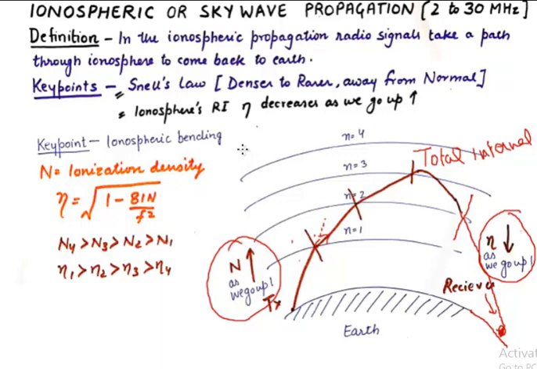The essence of ionospheric propagation is the ionospheric bending, and that bending happens with gradual refraction happening at every layer, and finally the refraction happens so much that it leads to a total internal reflection, and that causes the total bending. So I hope this concept was clear. These formulas were very important, so I wanted to mention these formulas, and that's about it for today's tutorial.